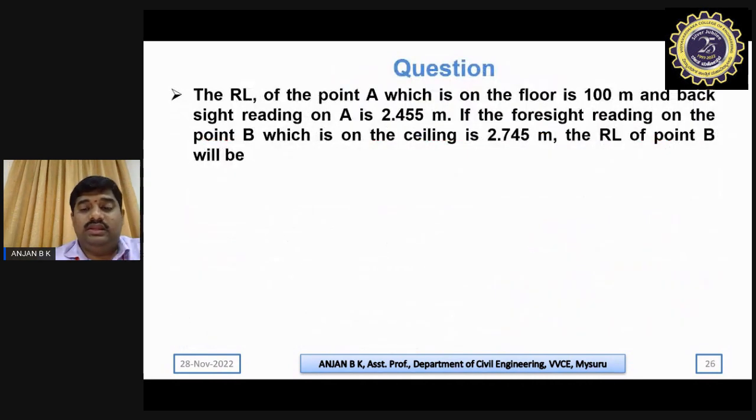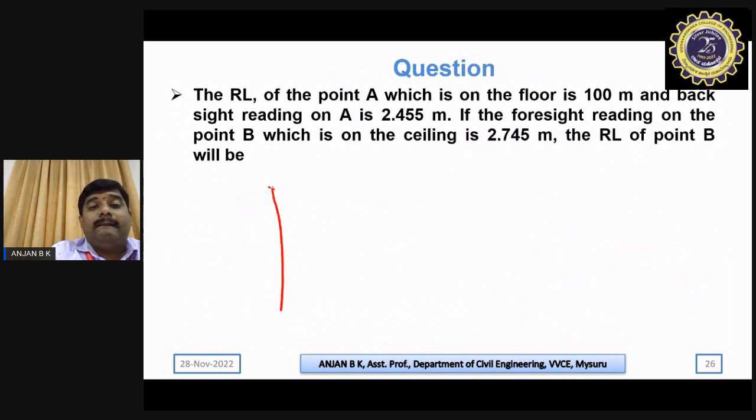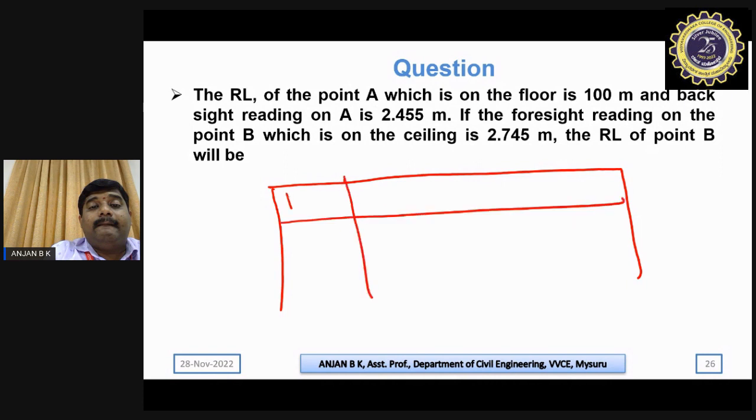So let's put it in a table form. We have a backside reading of 2.455, and the foresight reading at point B, which is on the ceiling, means it is inverse.